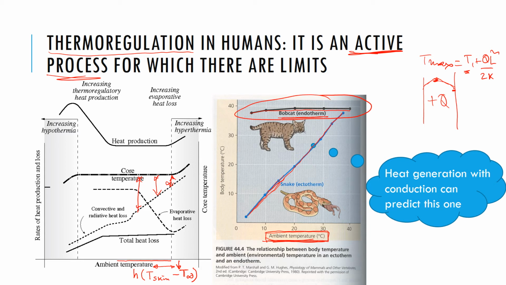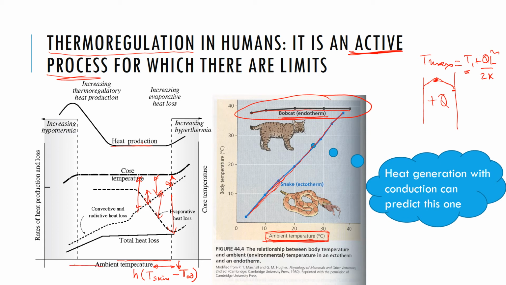If the convective heat loss decreases, but we are still producing the same amount of heat, then heat has to be released in some other way, and that's why then we start to sweat and the evaporative heat loss increases. Okay, so that's when the temperature increases.